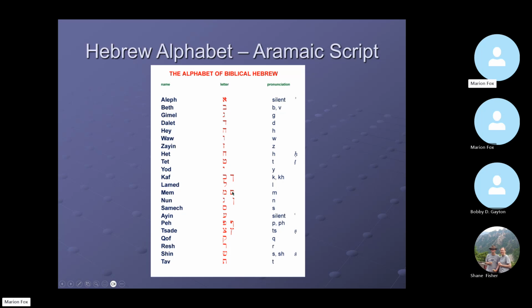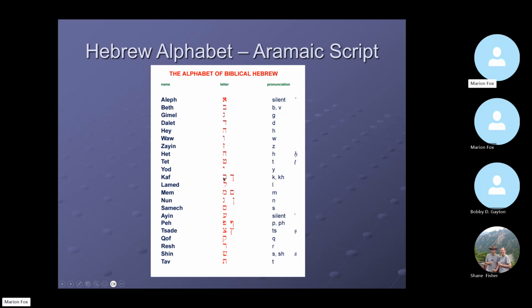This is the end of the word for mem and nun. See, they're written differently in peh and tsadi. And so these 5 letters have a different form when they're at the end of the word. When they're in the word somewhere, they're the same form. But at the end of the word, they change.